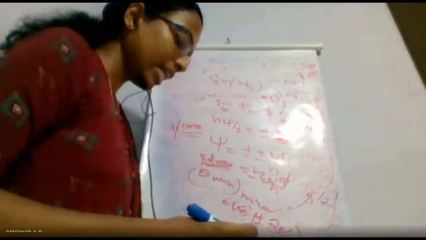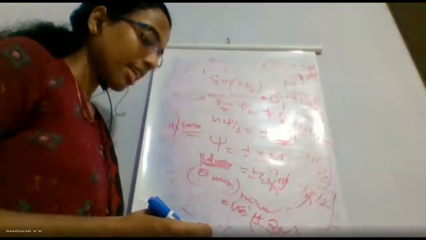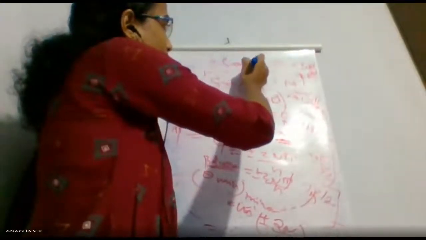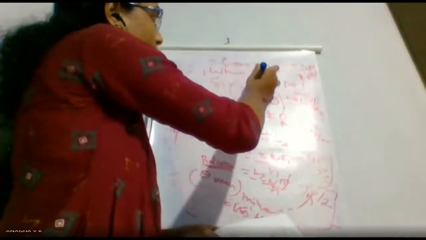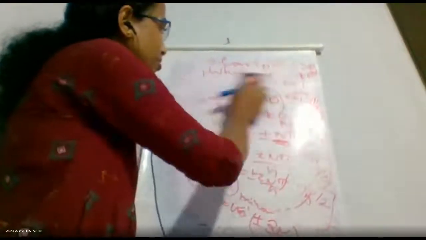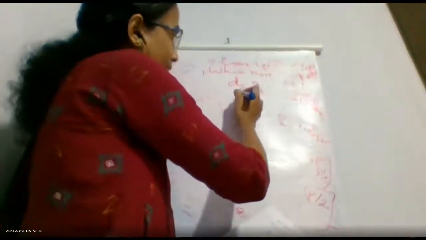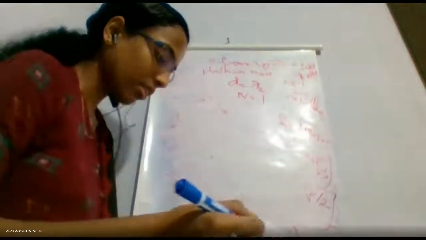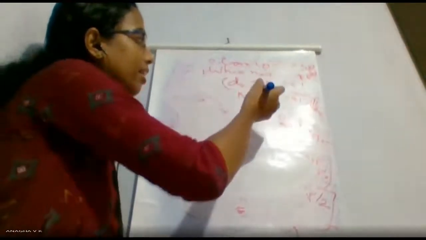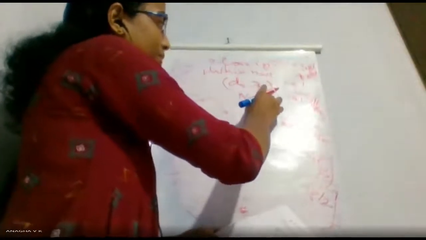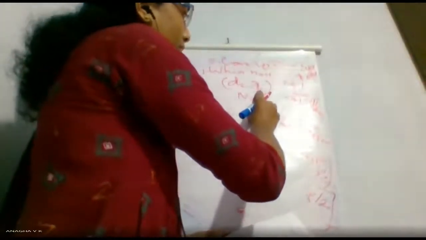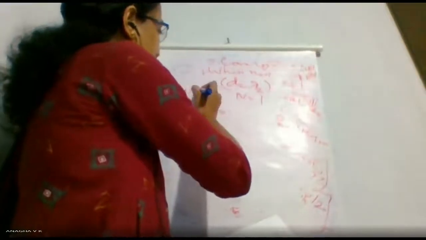So for θ minimum, there are two cases. Case 1, when N is equal to 4, d is equal to λ/2, and n is equal to 1. d is taken every time as λ/2 and n starts as 1, 2, 3.